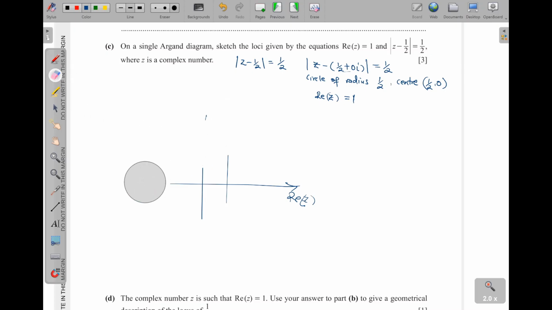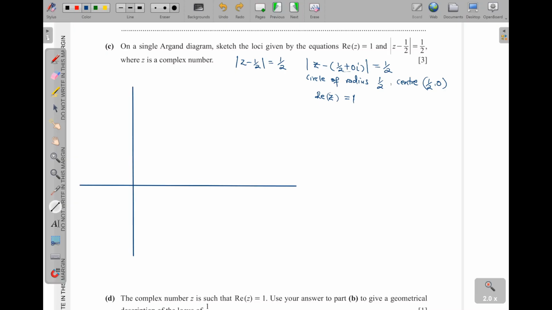Now we are going to draw this one here. I can have this one here. Then I get this and I write real of z, and then this is the imaginary of z. Then to produce something very beautiful, you can use your compass.